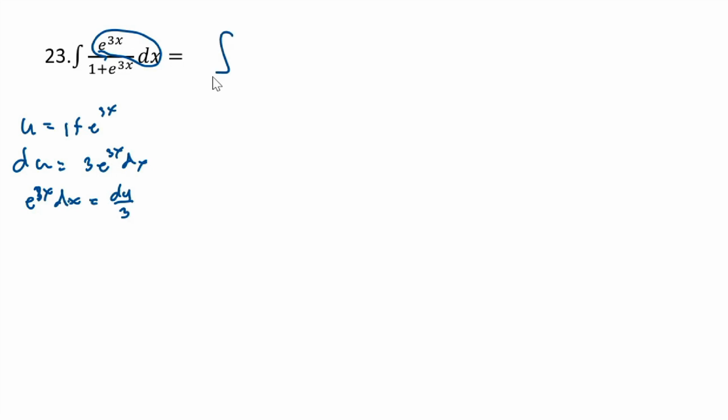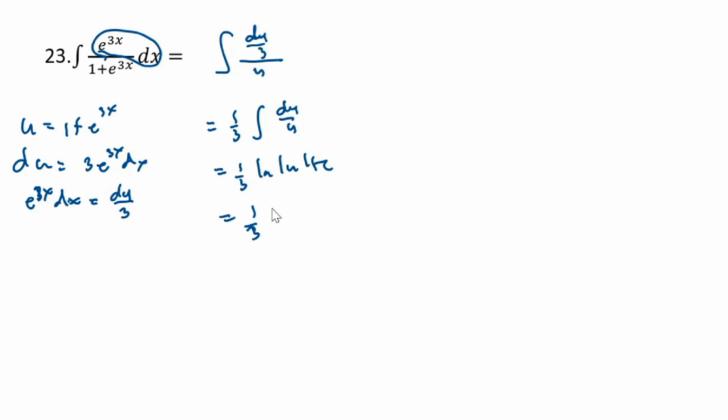So rewriting the given, e raised to 3x dx is du over 3, over u. So we have now 1/3 times the integral of du over u, which is 1/3 of ln of u plus a constant. So therefore, we have 1/3 of ln of the absolute value of u, which is 1 plus e raised to 3x, plus a constant.